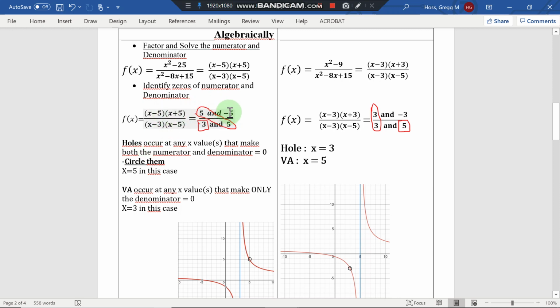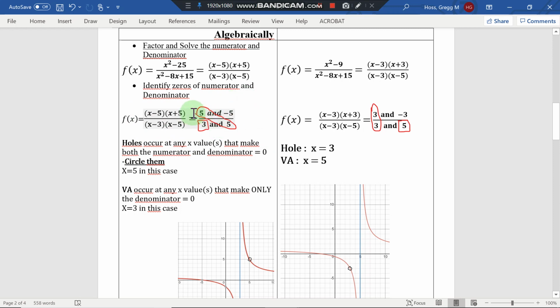And negative 5 plus 5 is 0, times negative 10 would equal 0. So both of those numbers will make the numerator equal 0. In the denominator, we have 3. If I substitute 3 for x, 3 minus 3 equals 0, times negative 2 would equal 0. So 3 makes the denominator equal 0, as does 5. 5 minus 5 is 0, times 2 is 0.